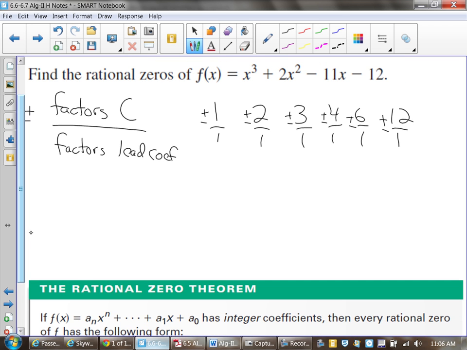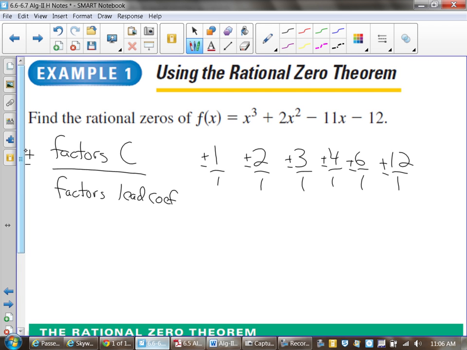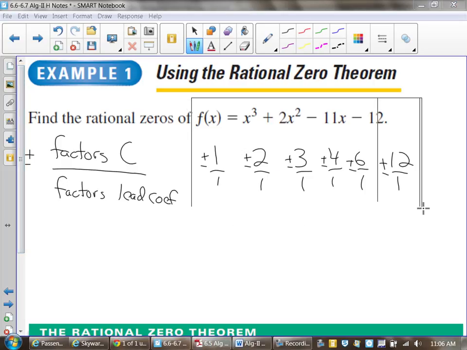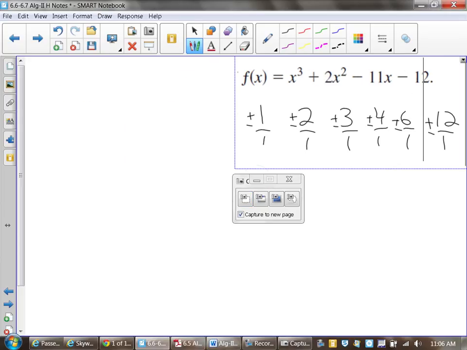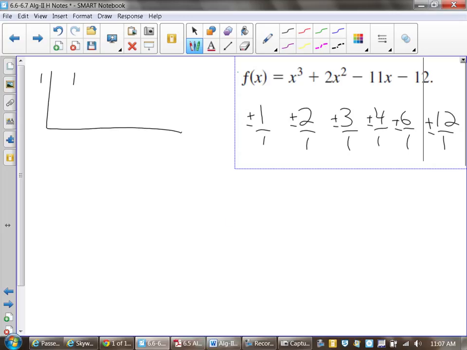When we're checking these things, let me just put this on a separate sheet here, it's easier. To see whether something is going to be a 0, just start with 1. Check and see, does 1 synthetically divide into 1, 2, negative 11, and negative 12?